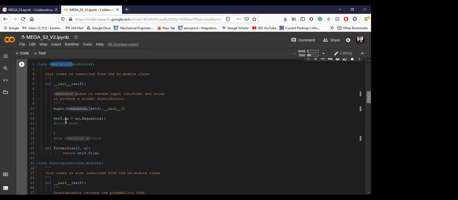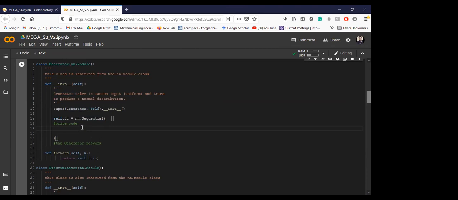I won't be going into more detail on the syntax, but essentially we have a feed forward network where, similar to Keras, the key term for indicating that it is a neural network is basically nn.Sequential. And now we can start to write our network.